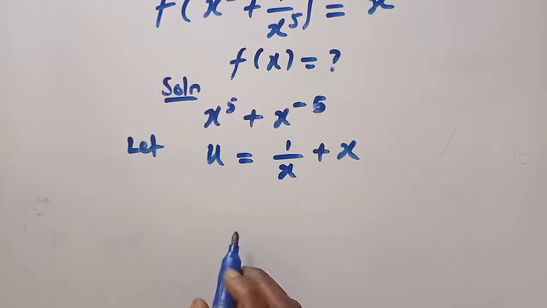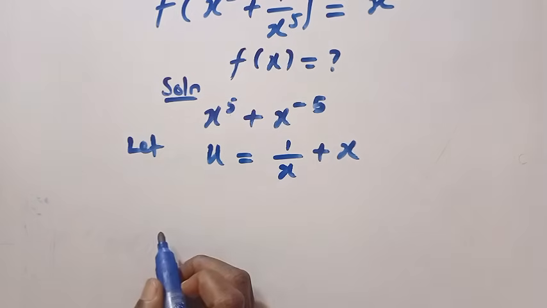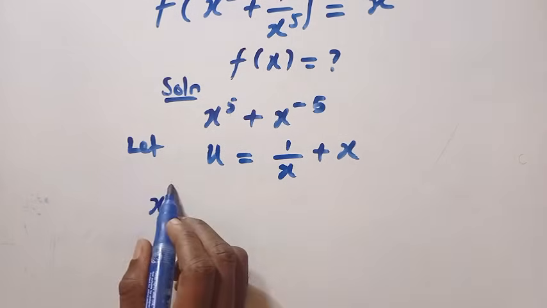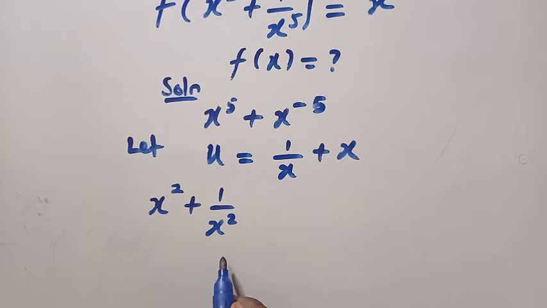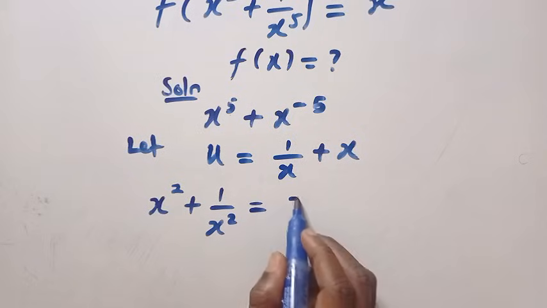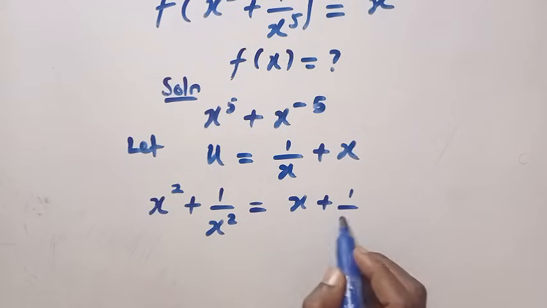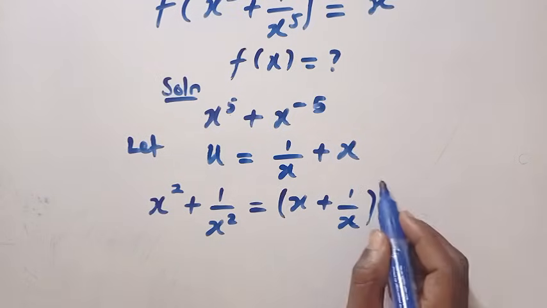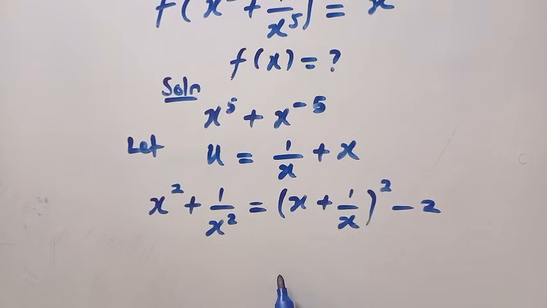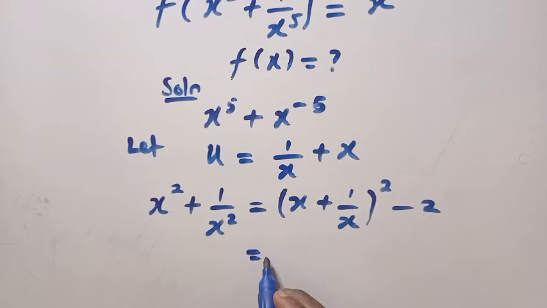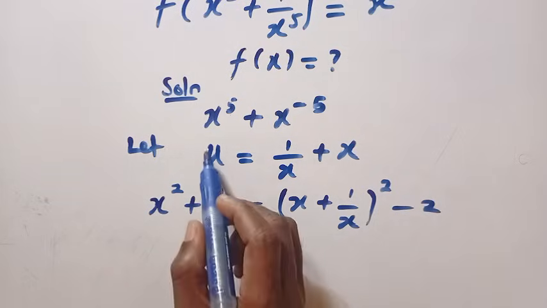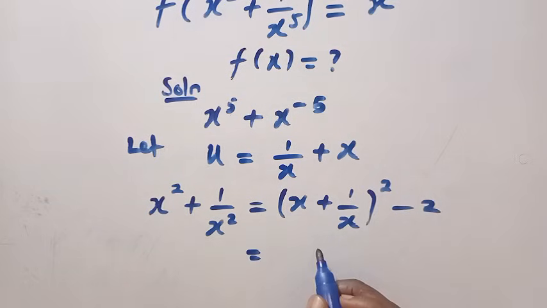After considering this, let's find x power 2 plus 1 divided by x power 2. This is the same thing as x plus 1 divided by x all raised to the power of 2 minus 2. Since we are given u equals x plus 1 over x, this becomes u squared minus 2.